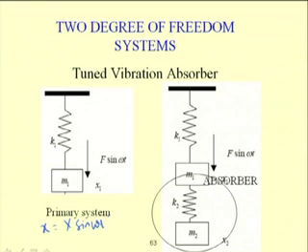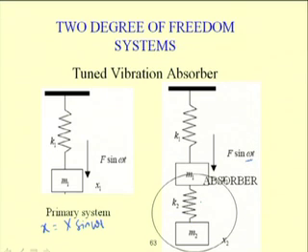To reduce this vibration, one can use another secondary mass and spring. This is the secondary spring and secondary mass, which has a natural frequency equal to omega.